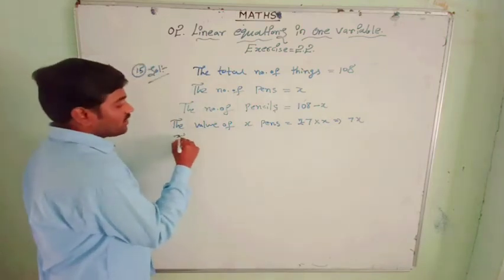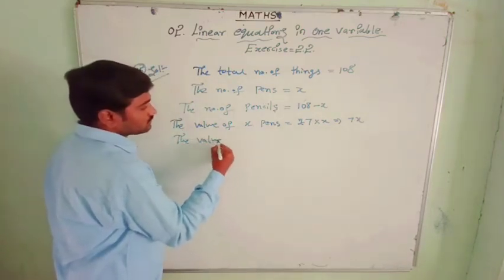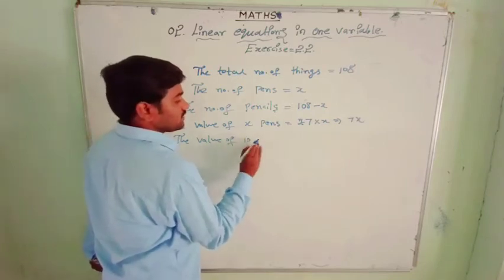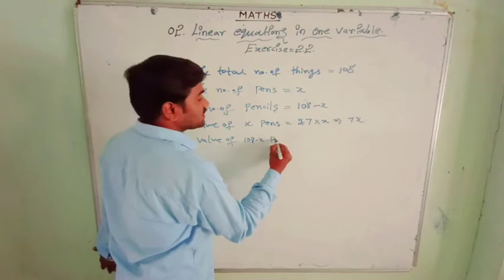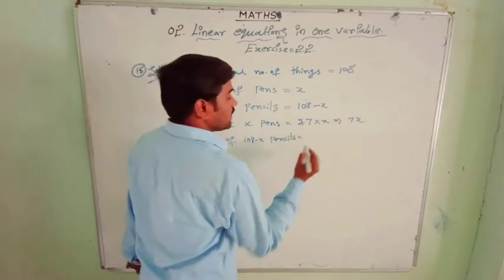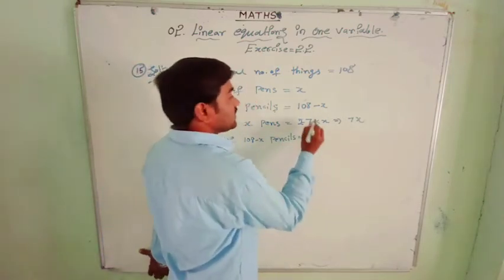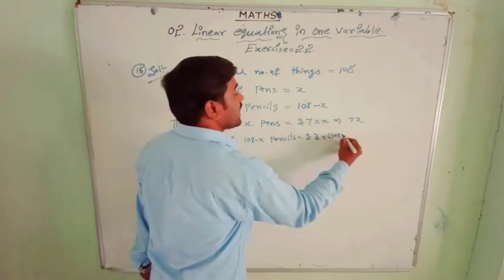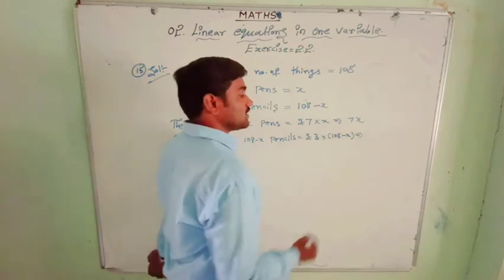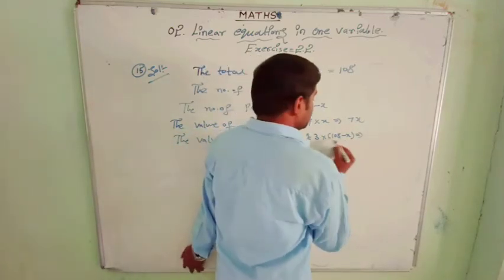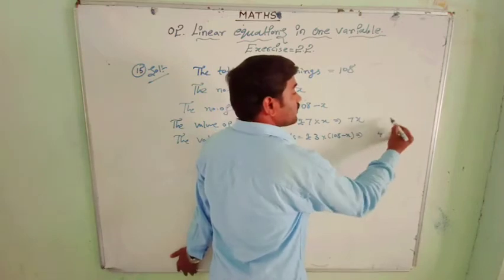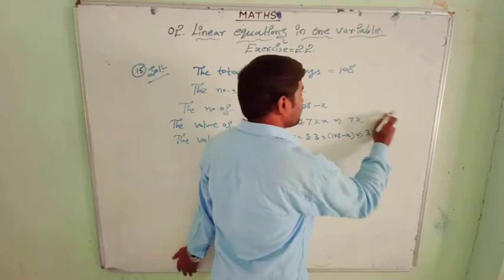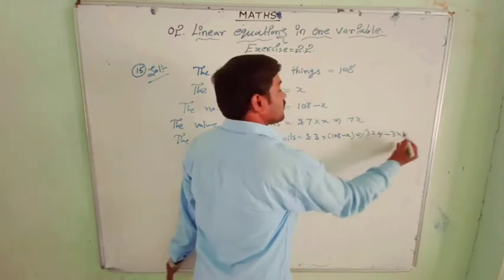Then the value of 108 minus x pencils: each pencil costs 3 rupees, so rupees 3 into 108 minus x, that equals 324 minus 3x. This is the value.